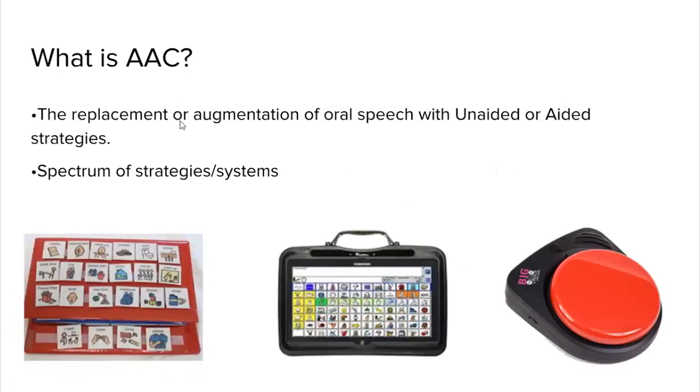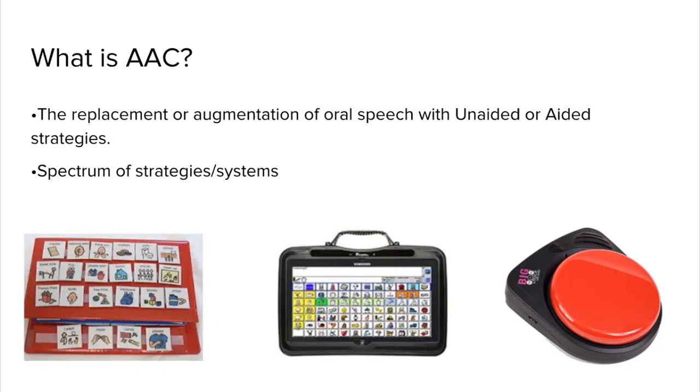So first off, just maybe familiar to many of you, but what is AAC? So AAC is the replacement or augmentation. So we're either completely replacing or we're supporting oral speech with unaided or aided strategies. And so unaided is anything that you could just use your body to do, like signs or gestures, things like that.